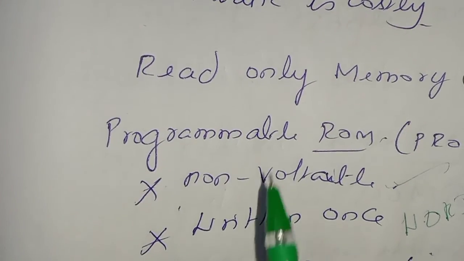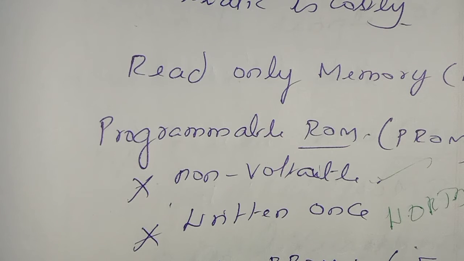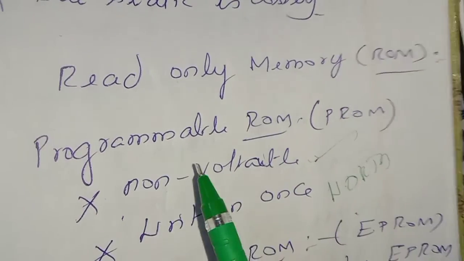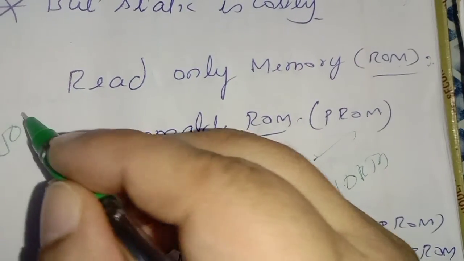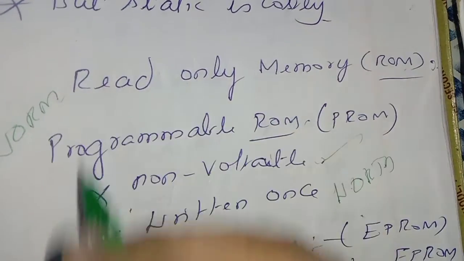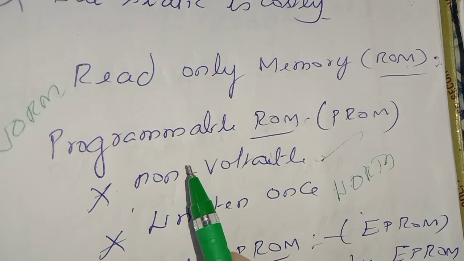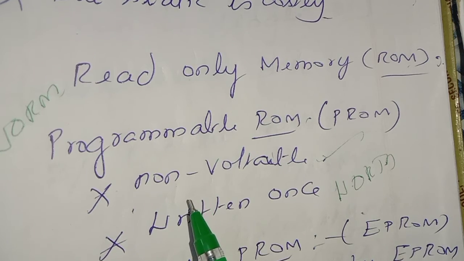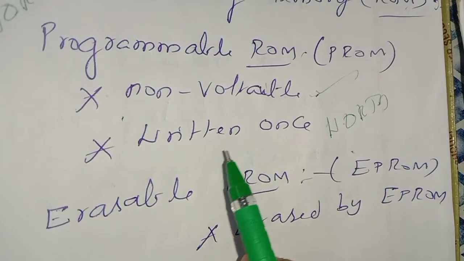Okay. Next comes read-only memory, ROM. What is the example? CD-ROM. Actually, read-only memory. You can read it; we also say WORM. Have you heard about it? Write once, read many times. Programmable ROM means you can program it one time and read it many times. It is non-volatile; you cannot lose the data when power goes off.